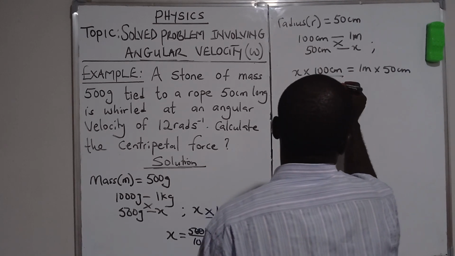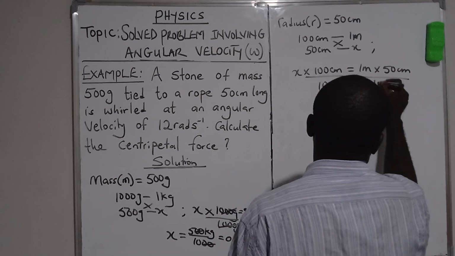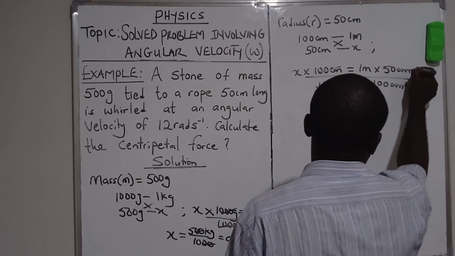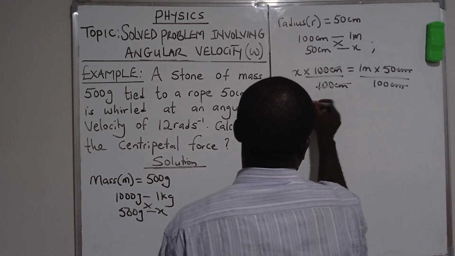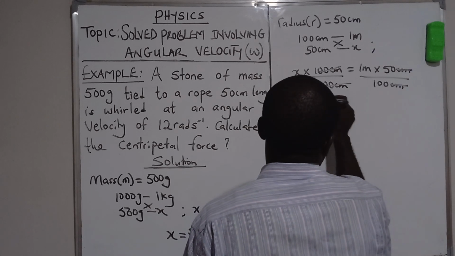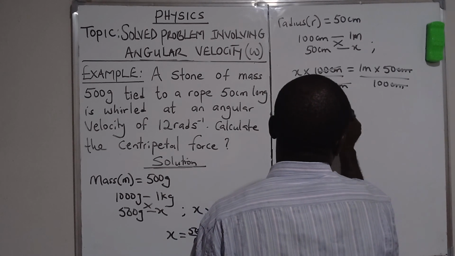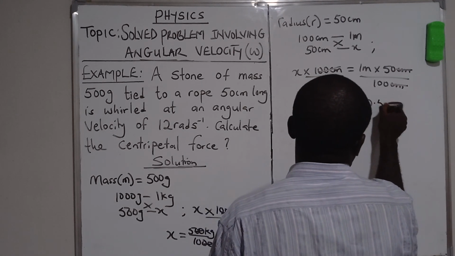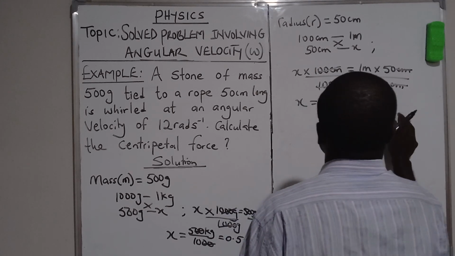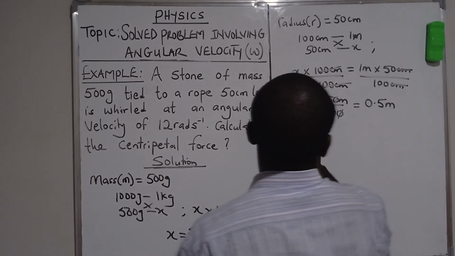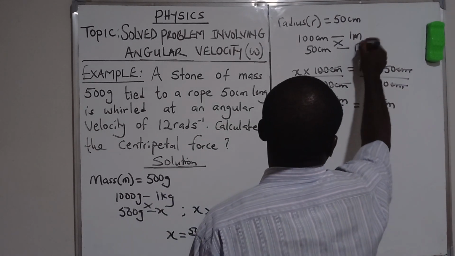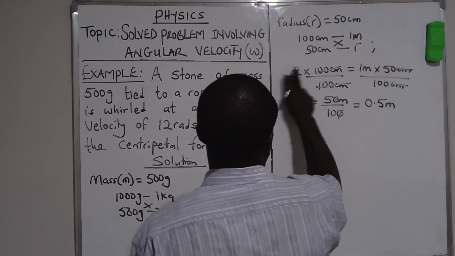Divide by 100 centimeter, centimeter cancels centimeter. Your X now equals 50 meter divided by 100, 0 cancels 0, you are left with 0.5 meters. That's your R.